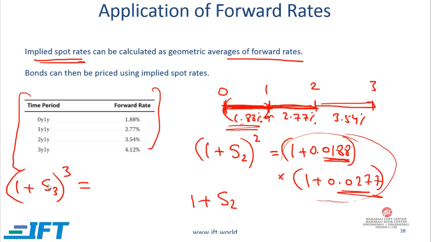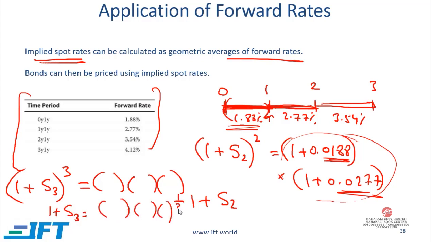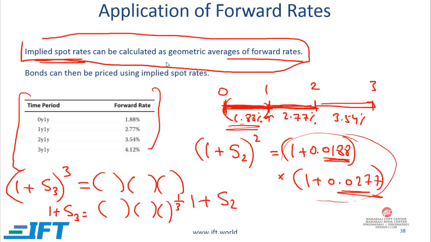And then 1 plus S3 would be the product of those three raised to the power of 1 over 3. So just to make sure you get it, 1 plus S3 would be the product of the three numbers that we just talked about raised to the power of 1 over 3, which is the geometric mean. So this statement then should make sense. The implied spot rate is the geometric average of the forward rates.